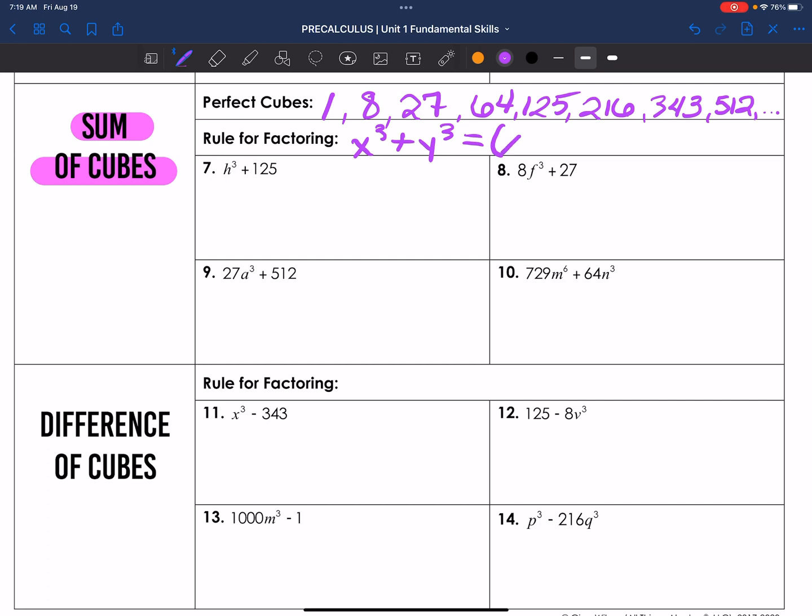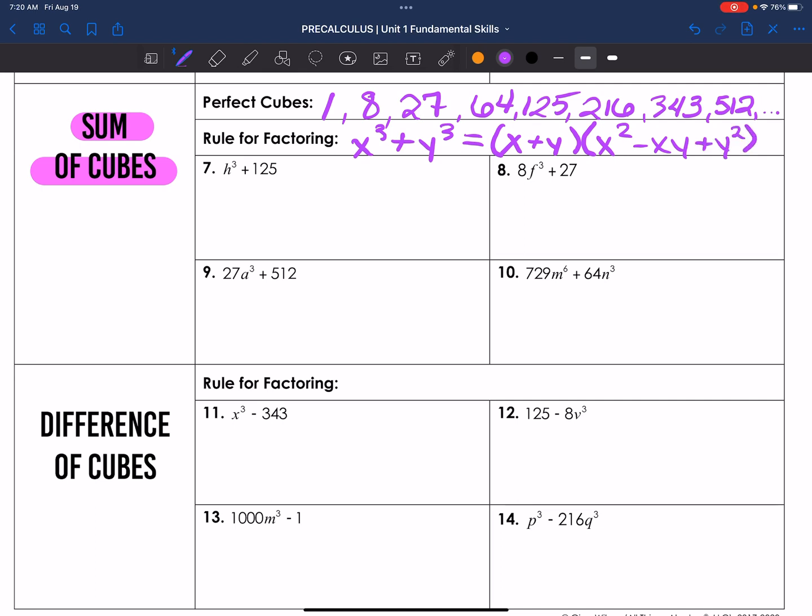You'll have the cube root of the first term plus the cube root of your second term, multiplied with the following: your x quantity squared, minus the product of x and y, and then plus y squared.